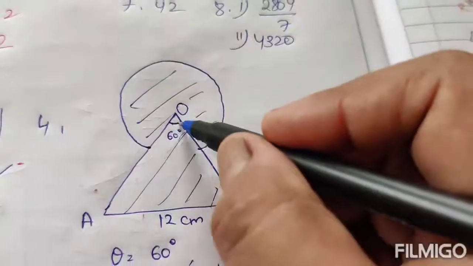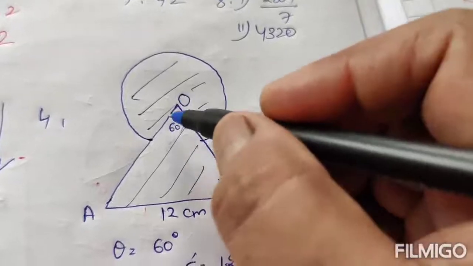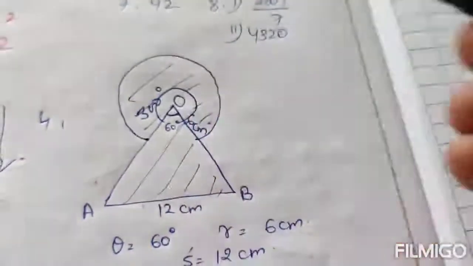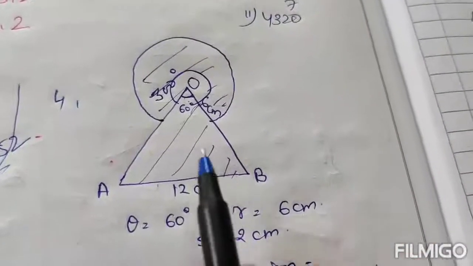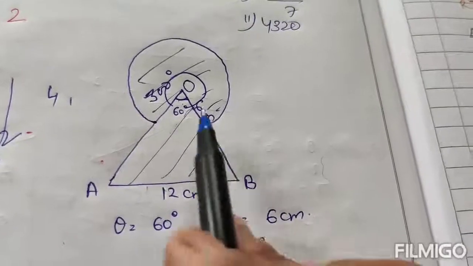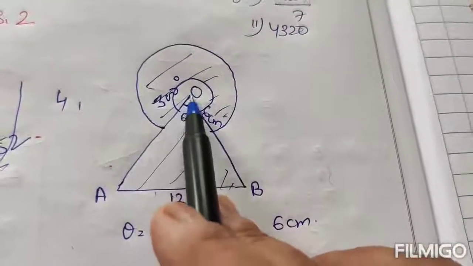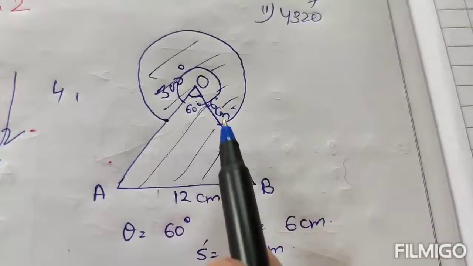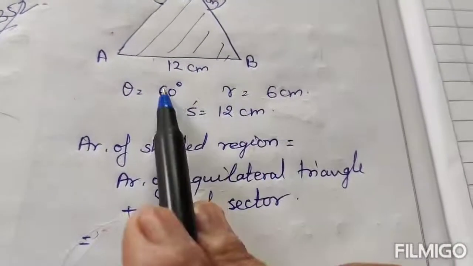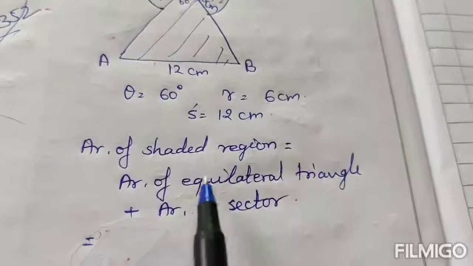The angle of the equilateral triangle is 60 degrees and this angle equals 300 degrees. The area of an equilateral triangle is root 3 by 4 side square, and the area of a sector is theta by 360 into pi r square, where radius equals 6 centimeter.